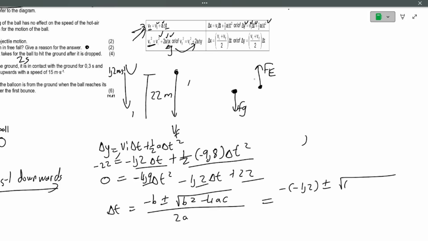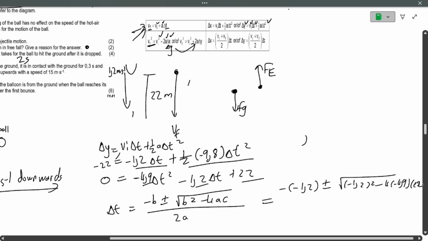What's our b squared? It's negative 1.2 squared, and then we substitute negative 4. What's our a? Negative 4.9. And what else do we write? We also write its c, so our c is plus 22.